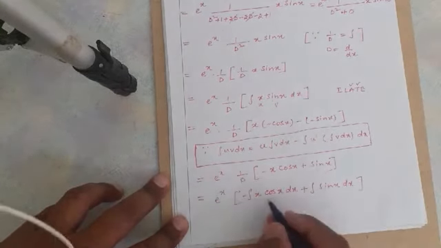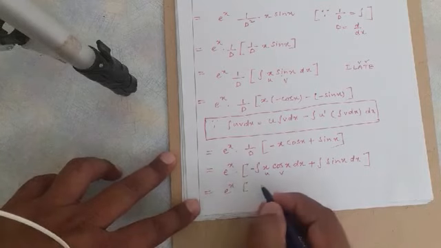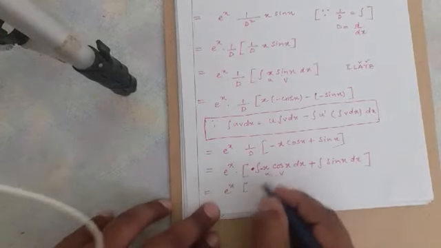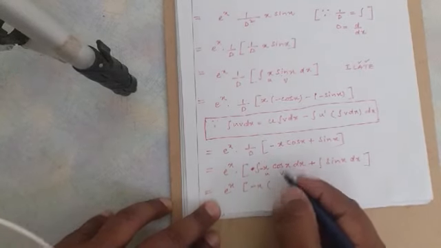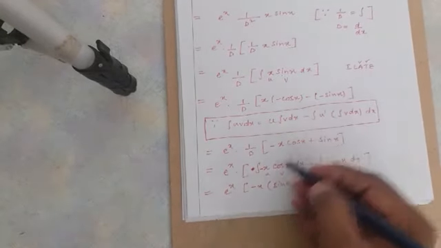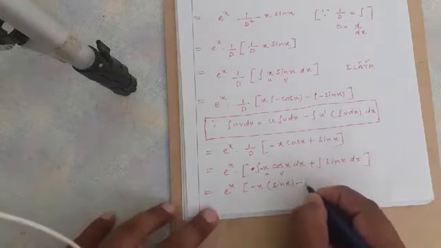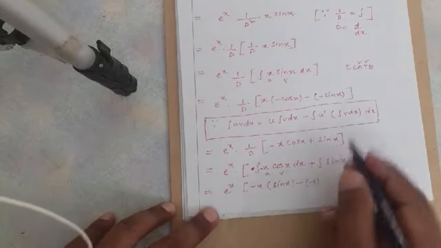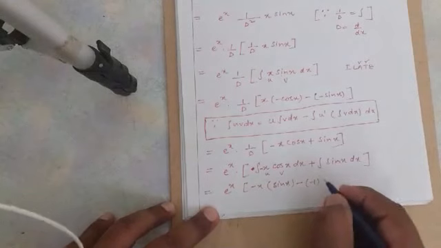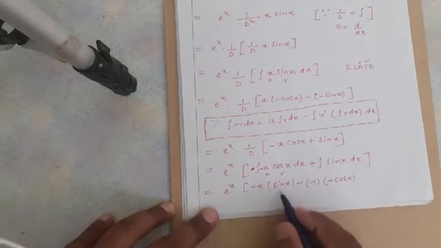This is the same formula. Now here again this is u and this is v. So if you apply the integration by parts formula, this becomes e^x, in bracket, minus x times the integral of cos x, which is sin x, then minus integral of u dash, which is minus 1, times the integral of sin x, which is minus cos x.